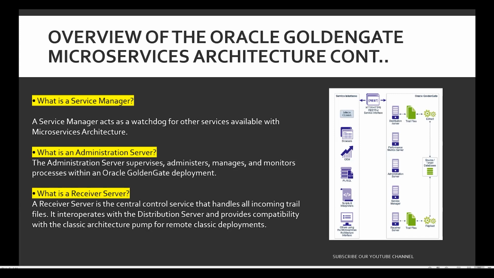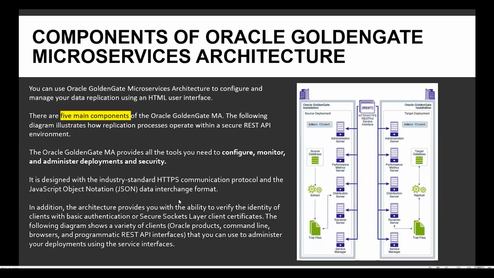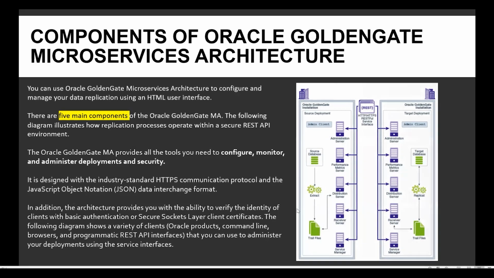In the microservices architecture, its job is to capture all the incoming trail files. It interoperates with the distribution server. If you look at this diagram again, the data is coming from the source setup, this is the distribution server. It will send the data, and then the receiving end, the receiver server, will receive the data.